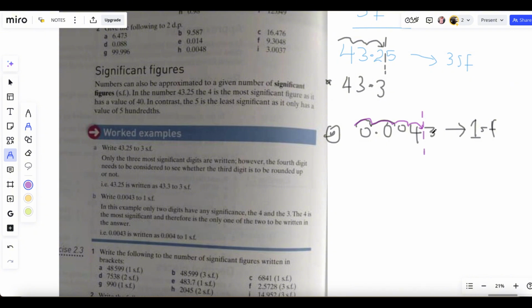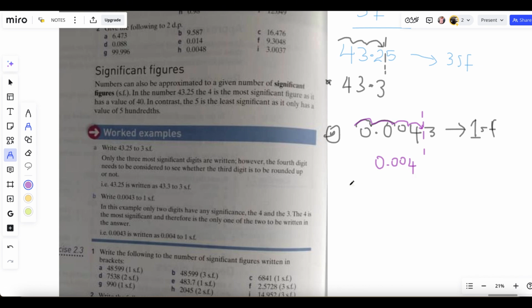So you cannot approximate. You cannot take 1 here to add here. So your answer will become 0.004, for 1 significant figure.